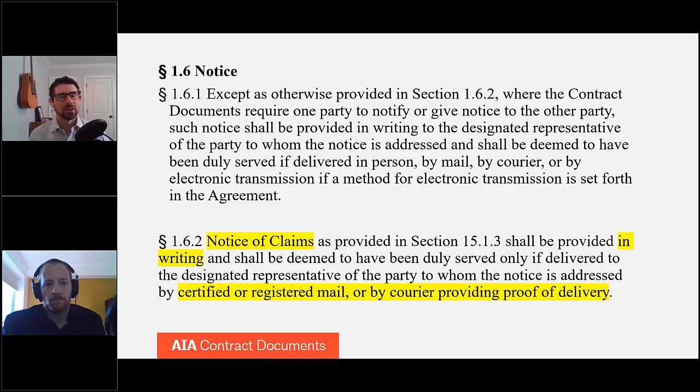And the notice of claims is set up to exclude, at least as drafted in the standard form, email or electronic delivery because a claim shouldn't be mixed in with all of the other conversations going on about a project.